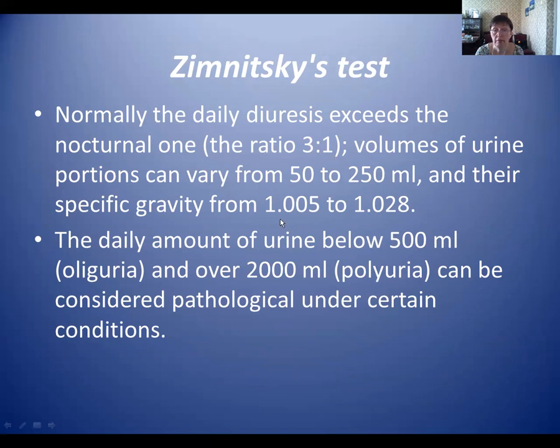And specific gravity should vary from 1.005 to 1.028, or at least differ by not less than 10 points. The amount of urine during the day may be small, which is called oliguria, or high, which is called polyuria.